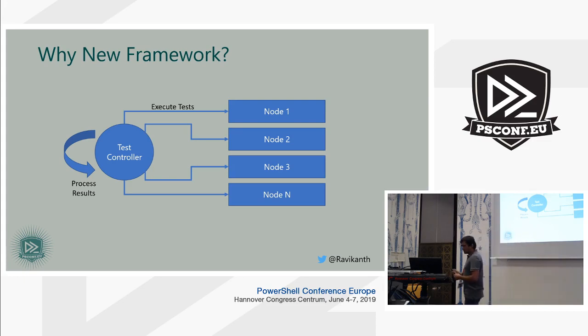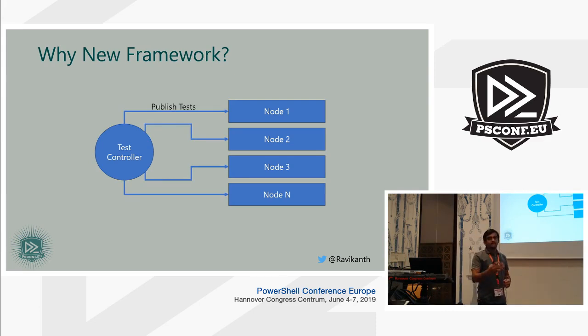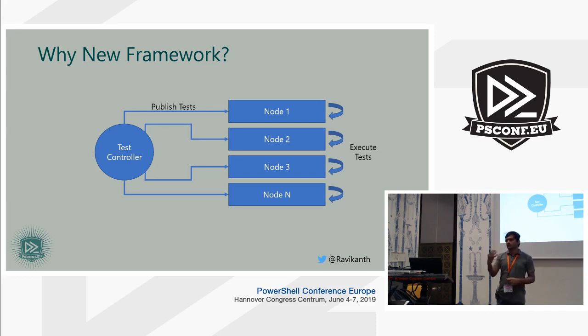Now, how we're going to change this architecture limitation into something new is that I have a test controller which publishes test packages to the target nodes. Once the target node has these test packages, we execute the test on the remote node on a per-node basis. There's no test controller involved in executing those tests.